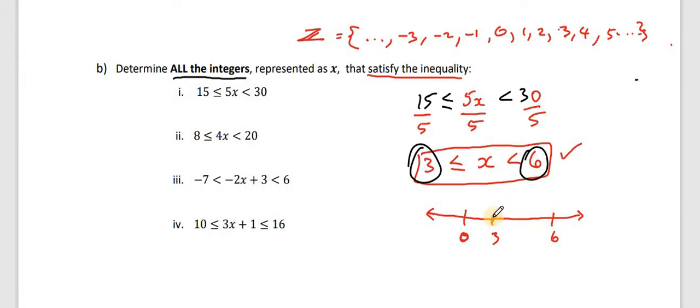Then you're going to put circles, right? We're going to put circles on 3 and 6. Which one of them do we need to shade? 3. Right, we need to shade the 3. That's correct. Why are we shading the 3 only?